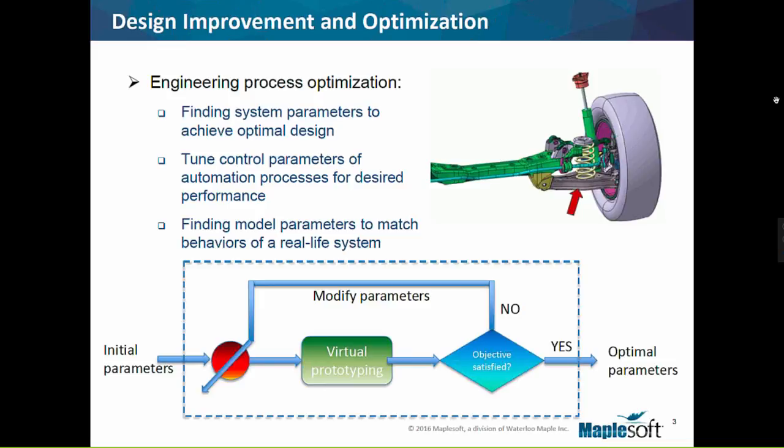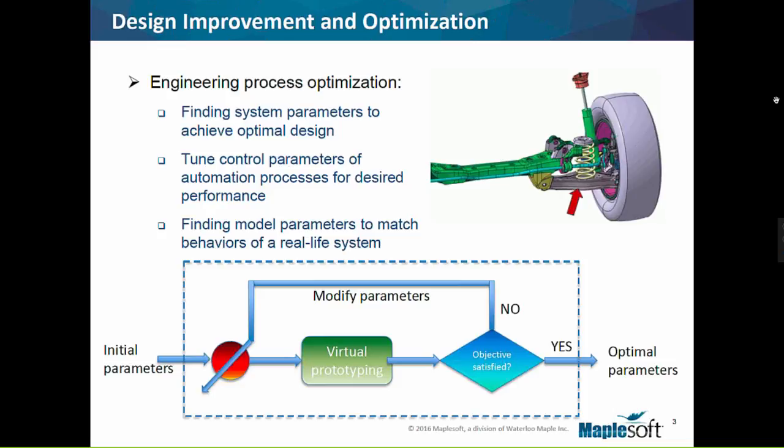So what is an optimization process? Optimization in general is a process of minimizing or maximizing an objective using search techniques under some certain constraints. The diagram here shows a general design process, starting with a model with the initial design, or the initial parameter set.